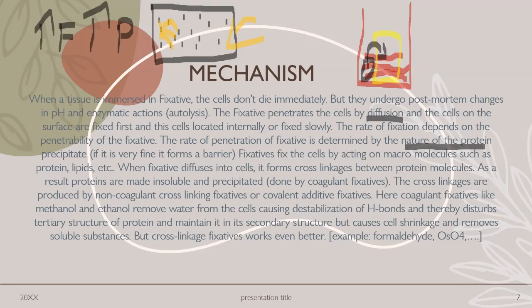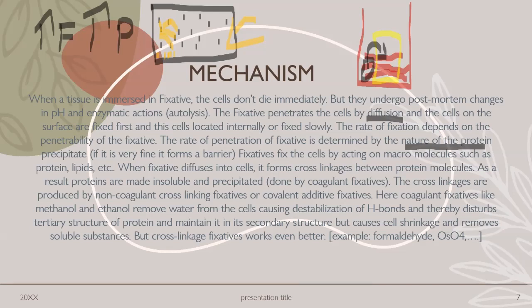So if the precipitation is very fine, it forms a barrier and the fixative can't move further. And so it is said that the rate of penetration of the fixative is determined by the nature of the protein precipitate.